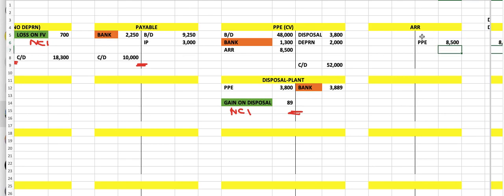Okay, and then don't forget BD and CD figure because this is reserve credit side. The BD and CD is on the opposite side. So look at the SOP, revaluation reserve under equity, BD is 0 and CD is 8,500. Okay, betul? Alright, so you see that debit and credit is balance. So maksudnya tidak ada apa-apa lagi yang melibatkan ARR. Okay, so we done with number 3.